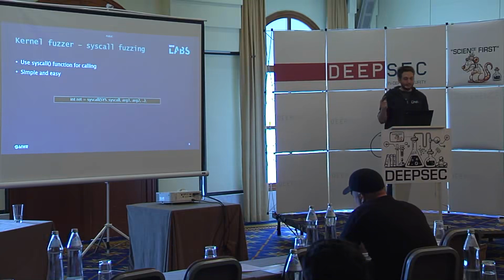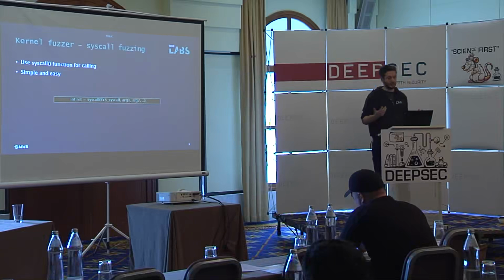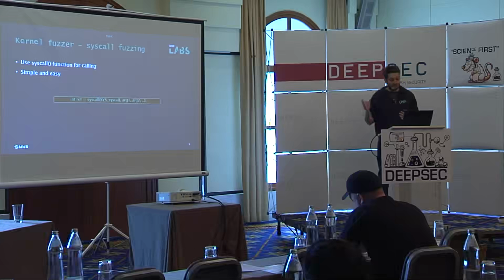Before, we had a big load of assembly that would take all our arguments, set up the syscall, and then call it. But on BSD and Mac, there's a really nice syscall function, which worked pretty well for our fuzzing. You give it the syscall and the arguments you want to pass, it executes it for you and returns the syscall return value.